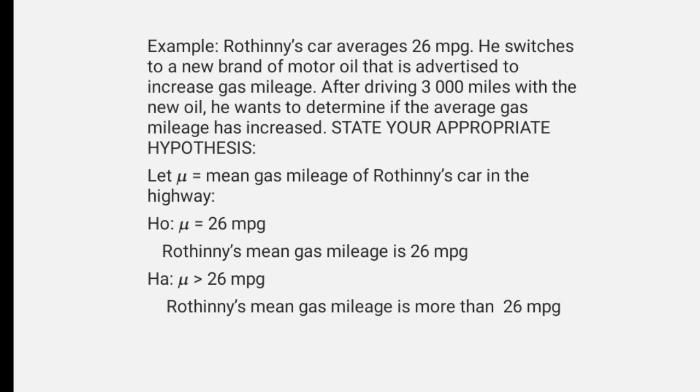Now, the full or complete steps on how to construct your hypothesis testing will be discussed in our next discussion. But the important steps in working with the hypothesis testing is writing our null hypothesis and alternative hypothesis.